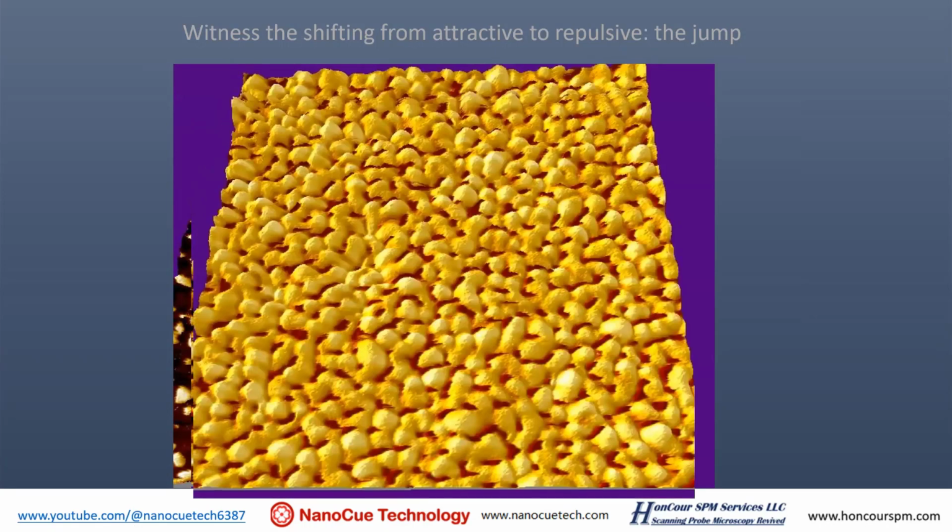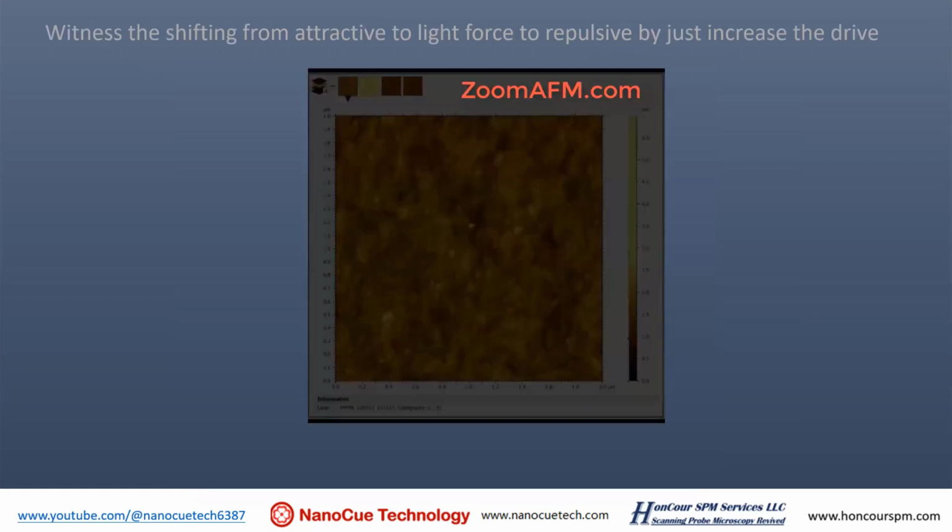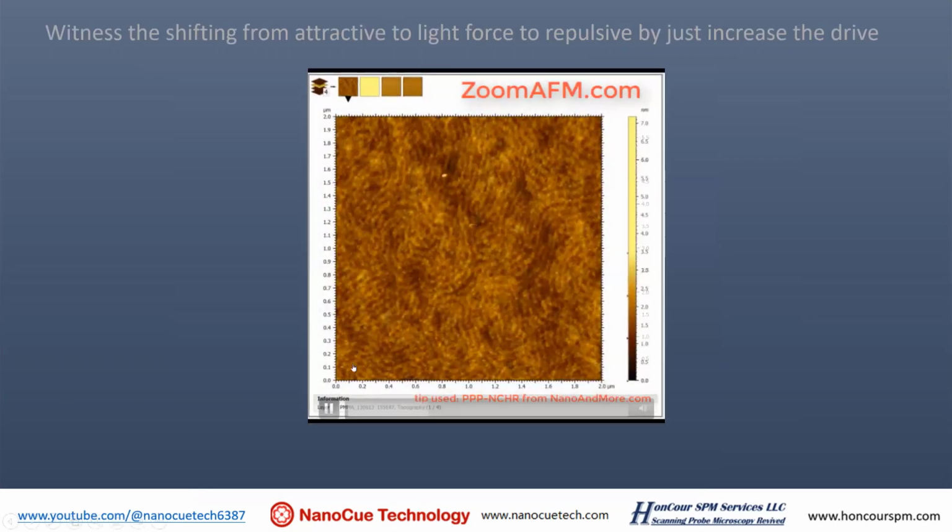And it even gets into a bistable situation where the tip is experiencing the repulsive force at the top of the grain and the attractive force between the two grains. And this is a polymer sample. A polymer sample has a relatively long range attractive region. Here is a video I made.